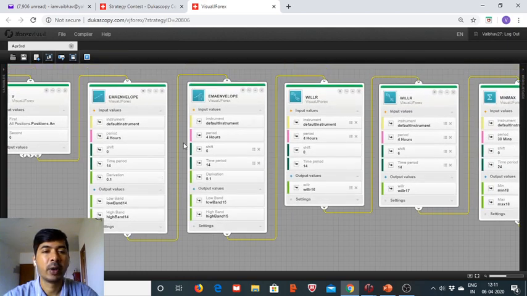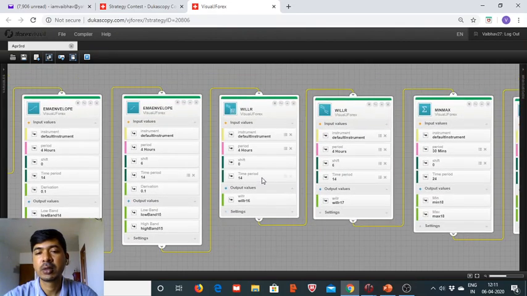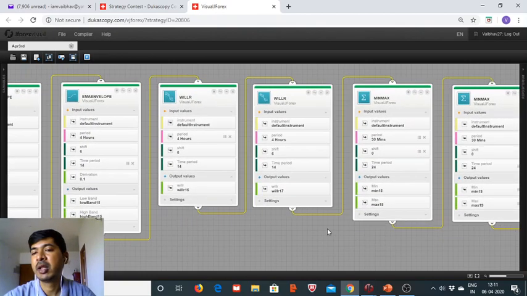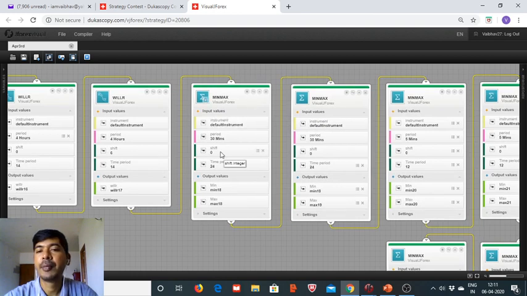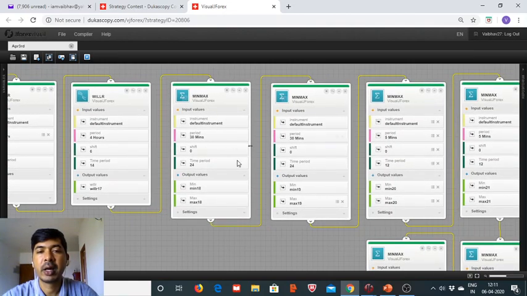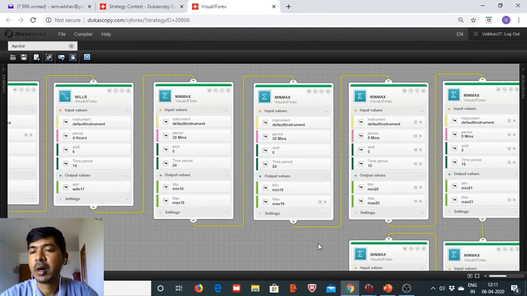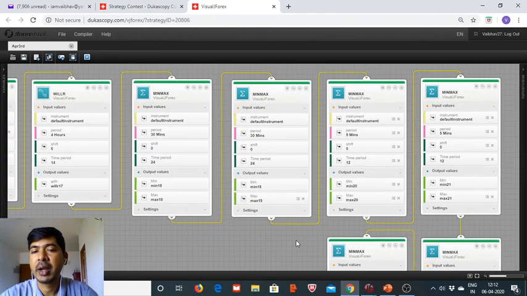Then we got the EMA envelope candles to make sure that we are trading with the trend. The Williams R conditions here to define the overbought and oversold conditions. Then, as I explained to you on the charts, we are bringing in this min-max condition to make sure that we are trading with the optimum levels in mind, and we do consolidation also.